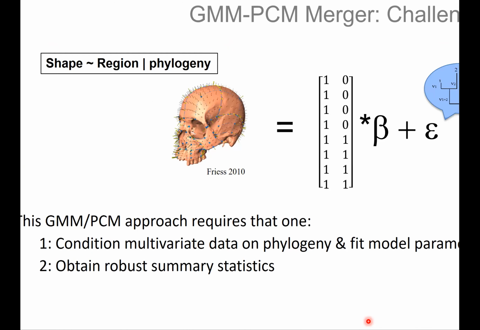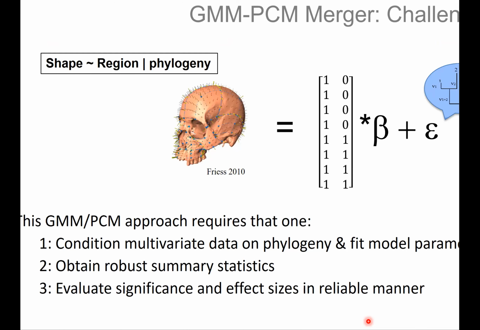We need a set of summary statistics of that fit. And then we need to evaluate that fit for significance and for the strength of signal in some way. And it turns out that for multivariate data and high dimensional data in particular, these are rather significant challenges to overcome.